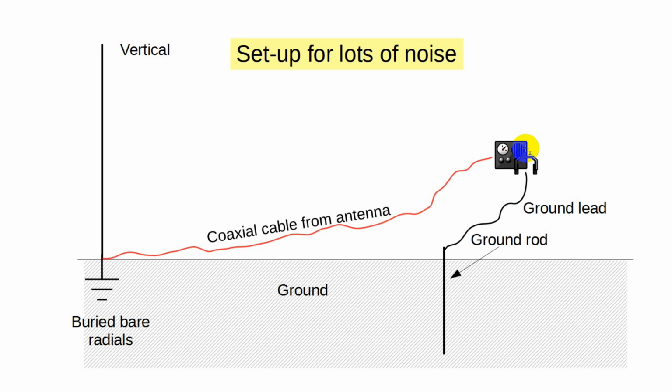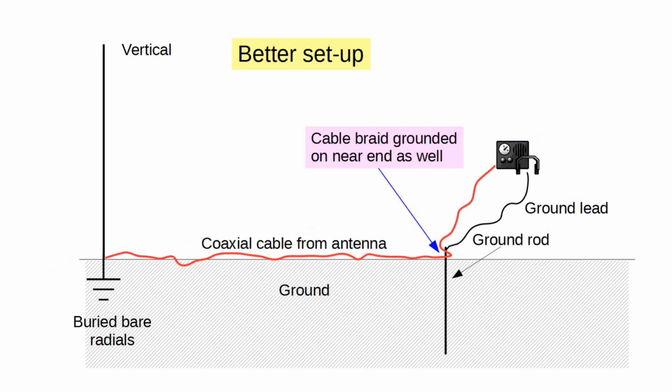The antenna was unusable because of the noise. It was just unbelievable. So I grounded the cable braid near the ground rod here. So this cable here was grounded on both ends, and then this came up the inside of the radio, and oh my goodness, what a difference. An amazing difference between the two.